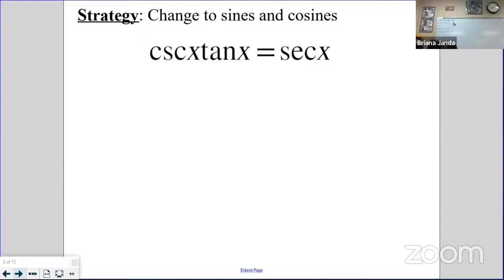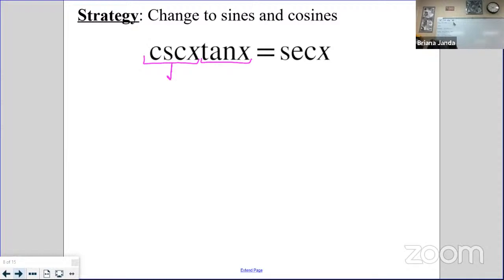We've got cosecant, tangent, and then on the other side we have secant. Well, I would mess with the left-hand side of this equation, okay? It's going to be a lot easier to simplify down to one trig function than it is to turn one trig function into multiples. So one of our strategies being change to sines and cosines, I would just take each of these and rewrite them as their sines and cosines.